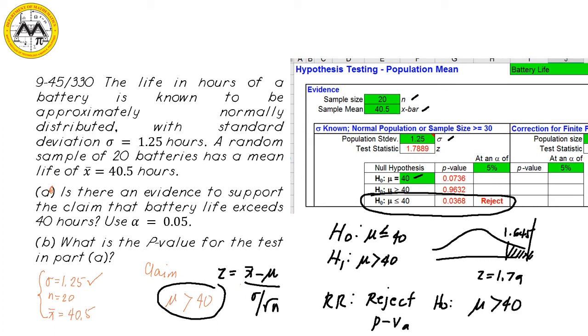The p-value is 0.0368, which is less than 0.05. So the probability that we would be committing a type 1 error is 3.68%, less than 5%, so we reject the null hypothesis and accept the alternative that mu is greater than 40.